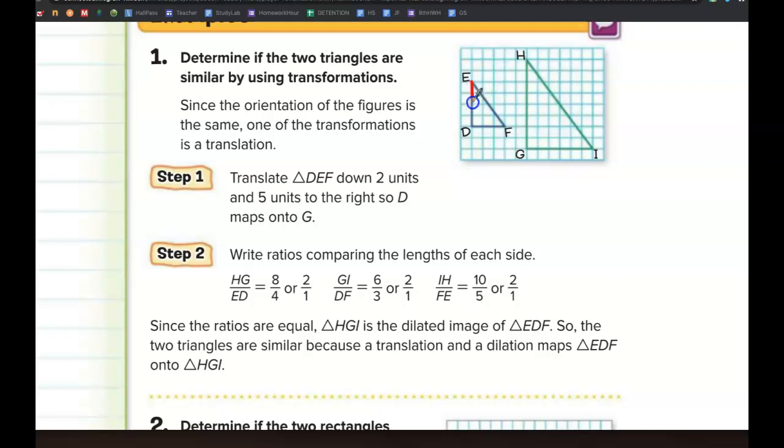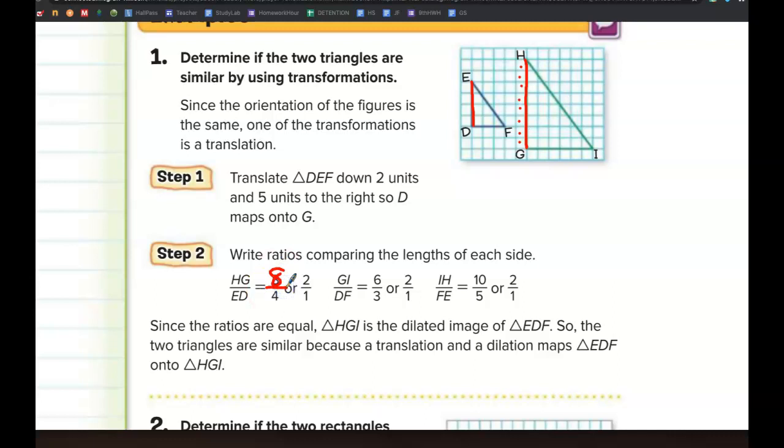So D and E correspond with what other side? H and G. Now HG, if you count those units, you should get 8. 1, 2, 3, 4, 5, 6, 7, 8. Okay, which is where they got this.